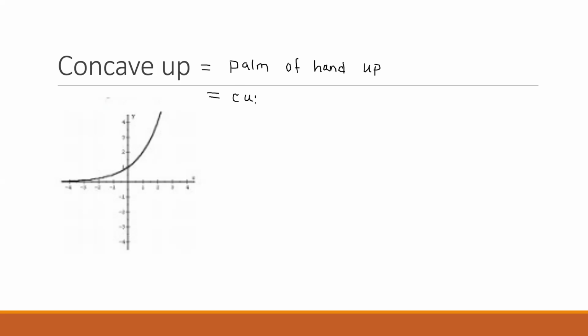Now, it doesn't have to be a full cup. You could see this one would not hold any liquid. But as I look at this graph, it is indeed increasing, to use the previous vocab word. The values of y and x both are going up as I move left to right, but it's not increasing at a constant rate, making it curved.